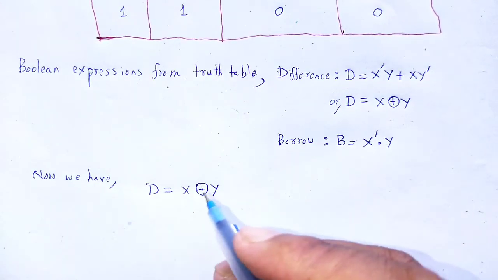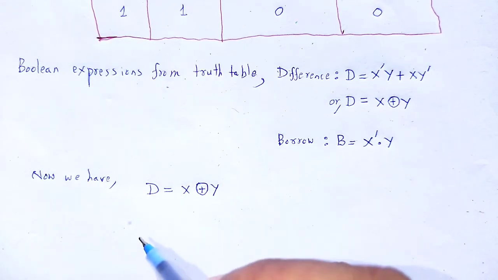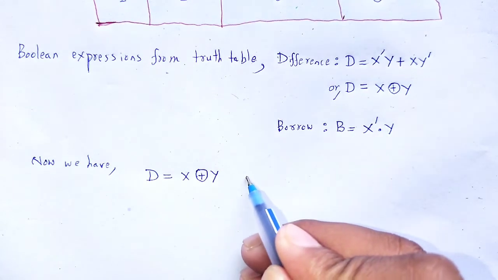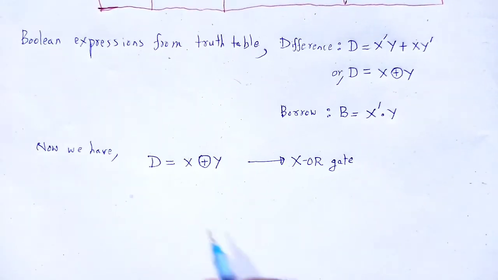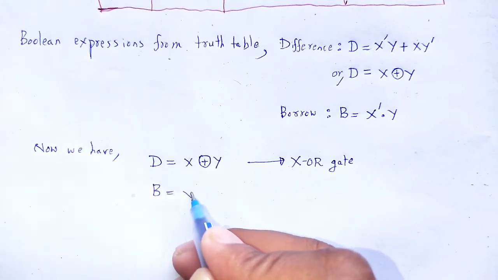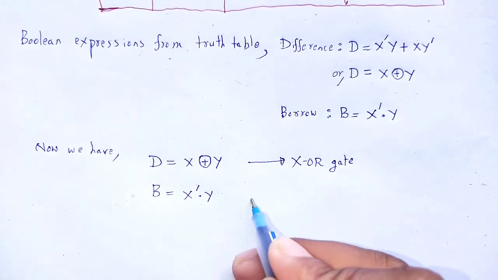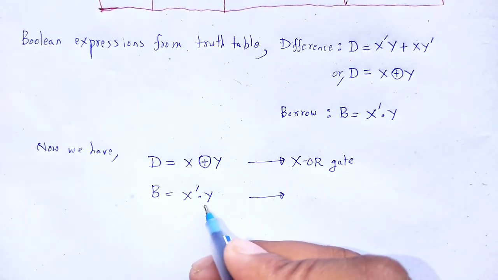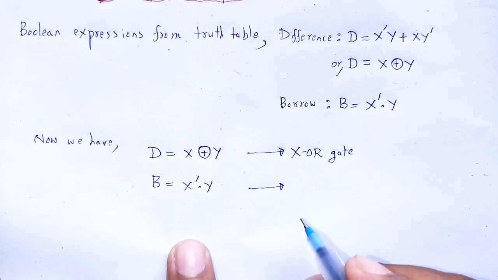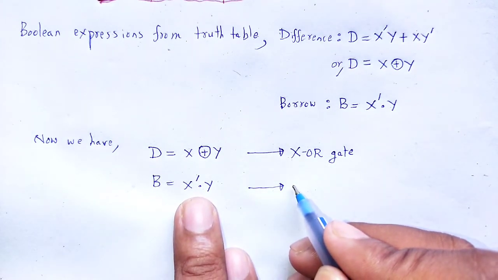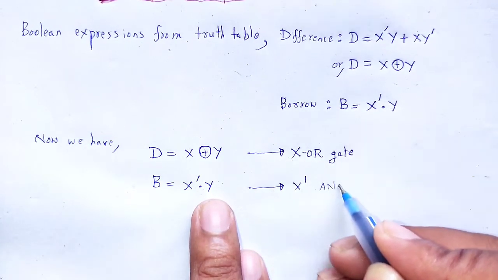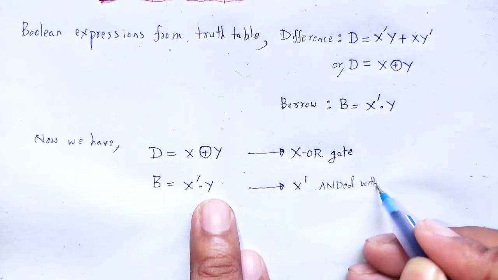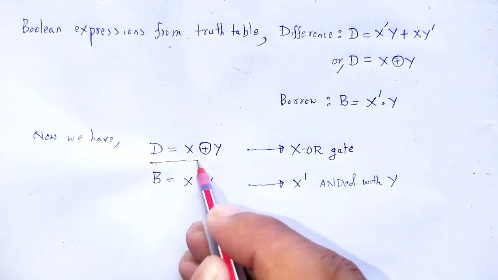So for that Boolean expression we use an XOR gate, and for B, x prime dot y, means x prime ANDed with y, that logic gate is used.